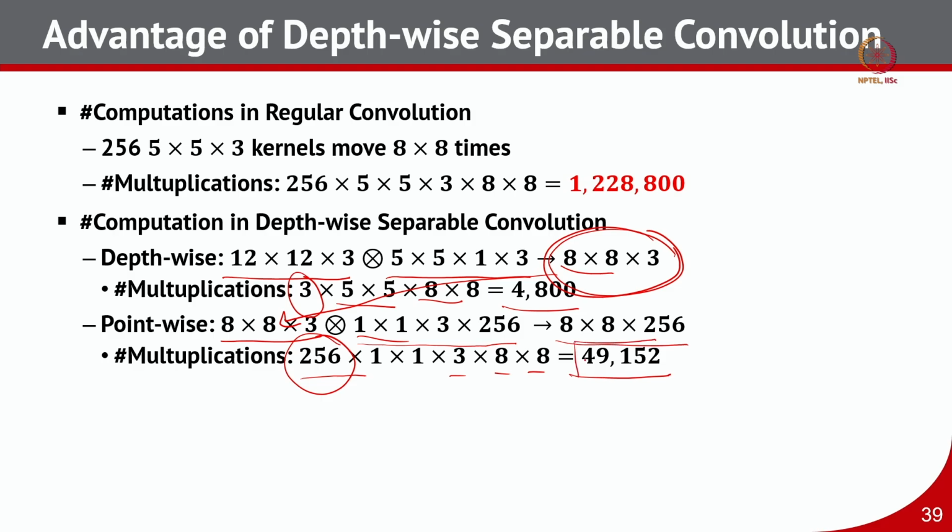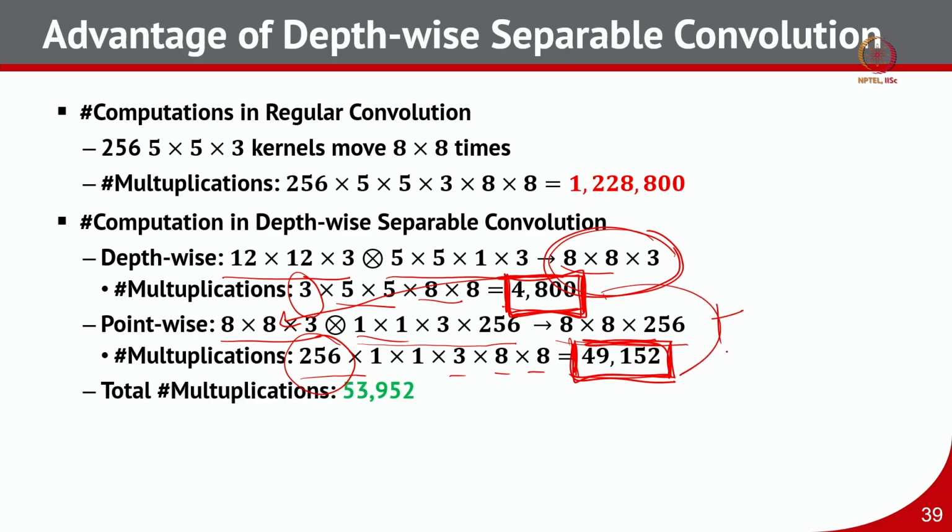So, we have two numbers here: 49,152 for point-wise convolution, and for the depth-wise convolution step, we have 4800 multiplications. So, the total number of multiplications is this plus this, correct, which is nothing but 53,952.